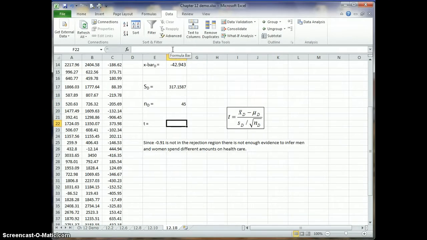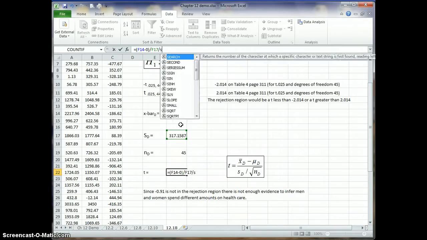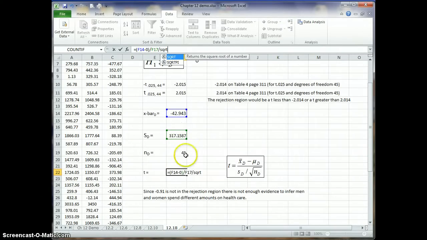And now we can calculate the t-score, or the t-statistic. So in this case, it's going to be equal to F14 minus mu D, which was 0, and we want to take that whole amount, the numerator, and divide it by the SD divided by the square root of nD.